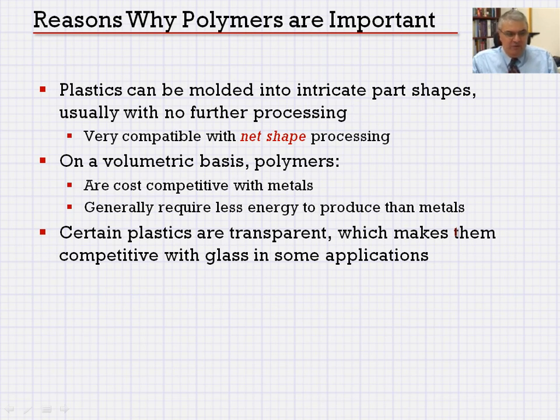One must realize the toy industry is a huge industry, and I know that because I have a young one. That's how I know about that. But most of you that have kids are familiar with that, and you know that many of the shapes these toys are made of could be very difficult to make using any other material. We can make them out of other material, but it requires a lot of processing and polishing and what have you.